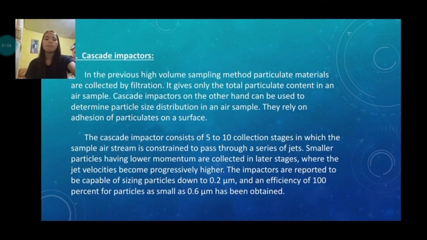The cascade impactor consists of 5 to 10 collection stages in which the sample airstream is constrained to pass through a series of jets. Smaller particles having lower momentum are collected in later stages, where the jet velocities become progressively higher.